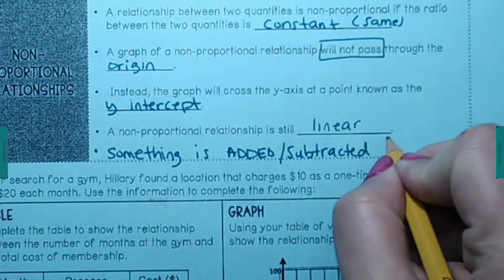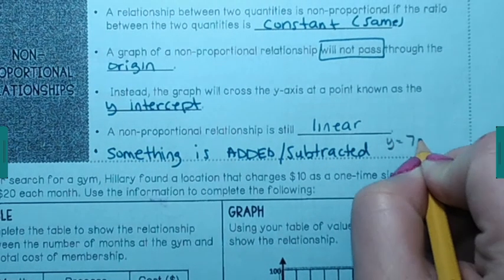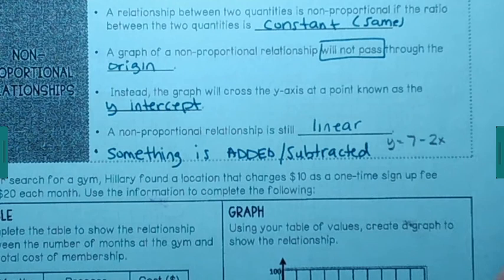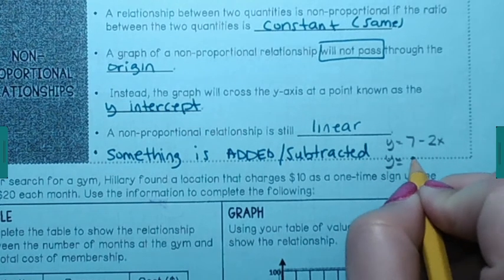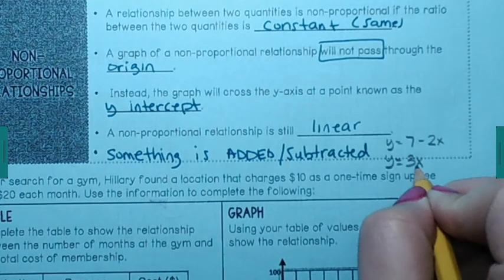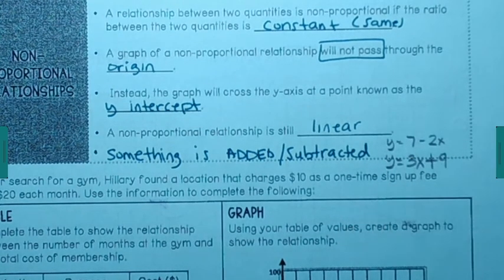So for example, y equals 7 minus 2x, or y equals 3x plus 9, okay? Something is being added or subtracted. So basically, if it has one of those plain numbers, a constant, it's non-proportional. Okay, if it only has a rate, it is proportional. Okay, something's added or subtracted, it's non-proportional.